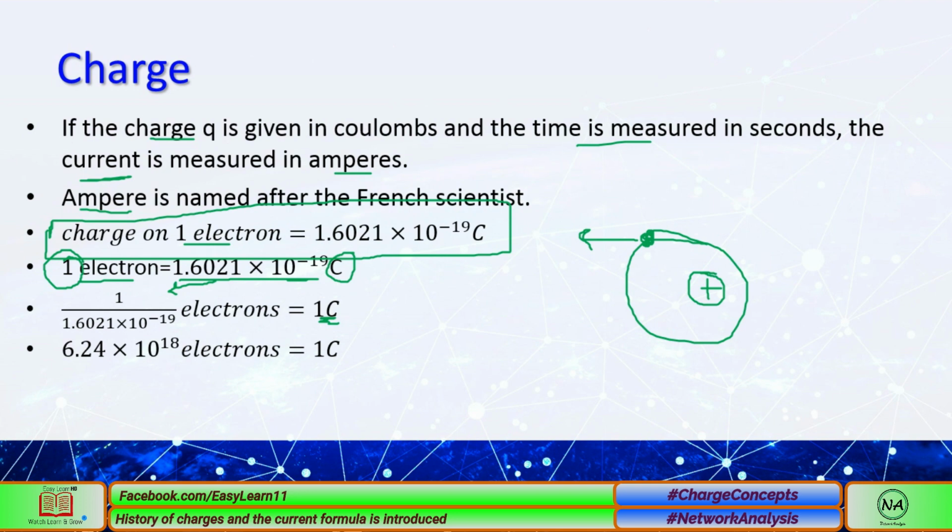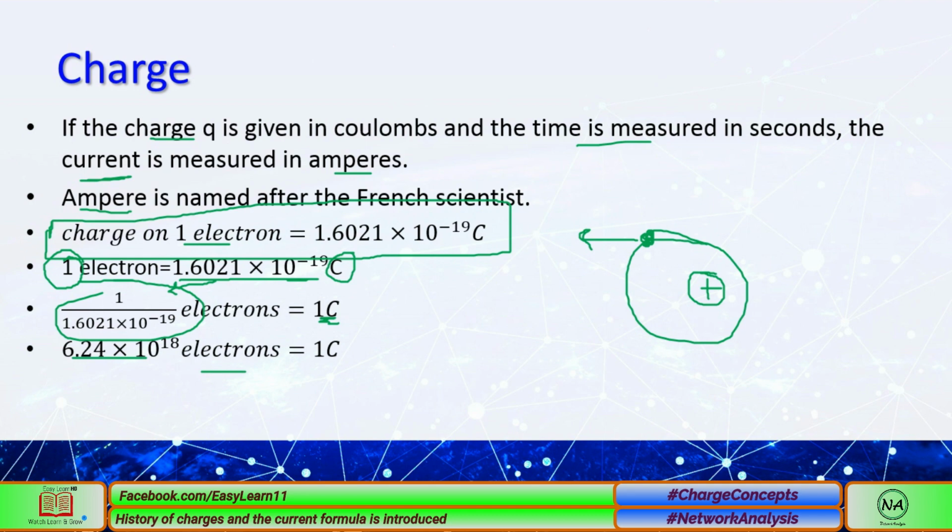Then I write 1 divided by 1.6021 multiplied by 10 raised to power minus 19 electrons is equal to 1 coulomb. By dividing all of this, we get 6.24 into 10 raised to power 18 electrons. 1 coulomb is equal to this, so remember that also.